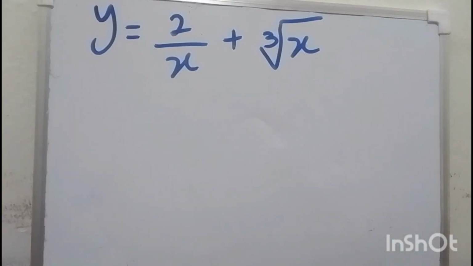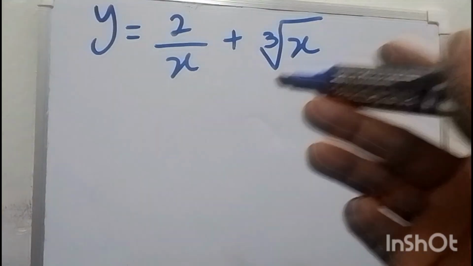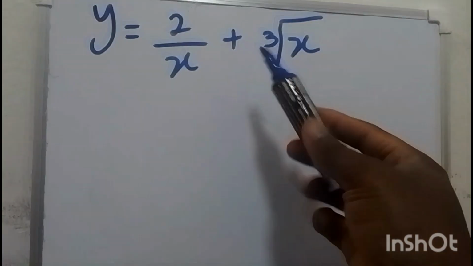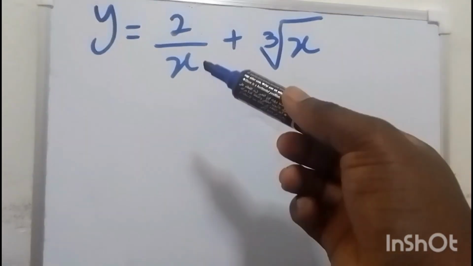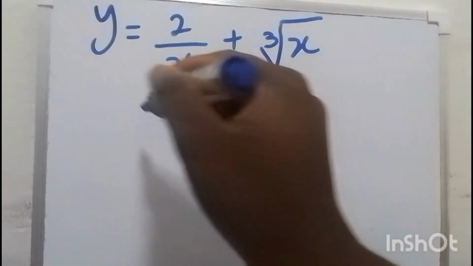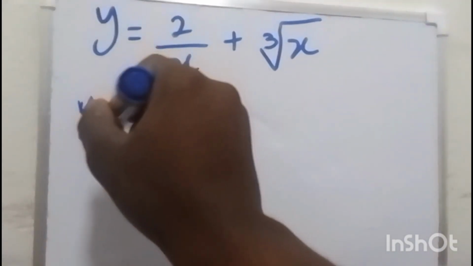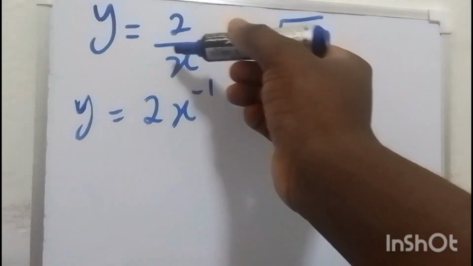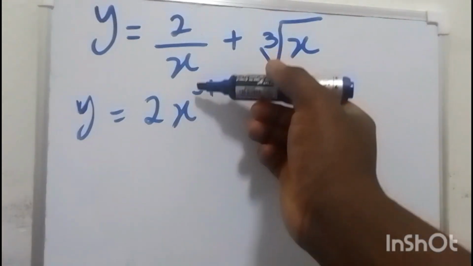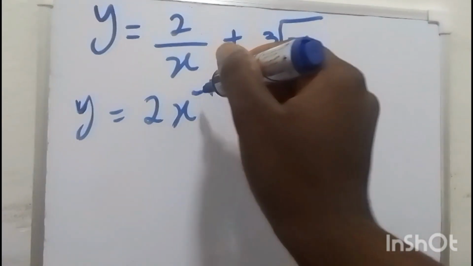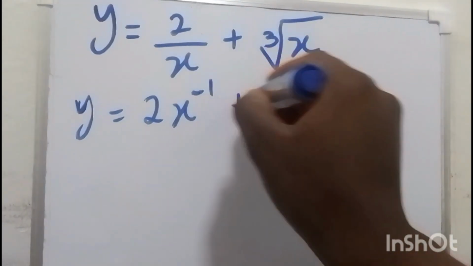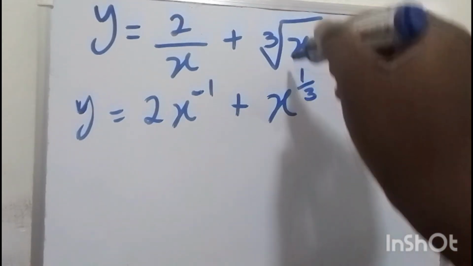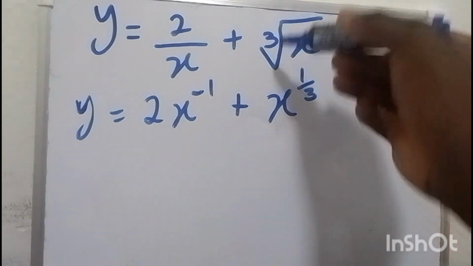Look at this beautiful and handsome question. It's easy, but before you can differentiate this, you need to change this fraction to become something easy to differentiate. So first of all, I'm going to change this to become 2x power negative 1. Whenever we have x down, we can bring it up to become power of negative 1. Plus we can also change this to become x power 1 over 3 because it is cube root of x, not square root, now cube root.